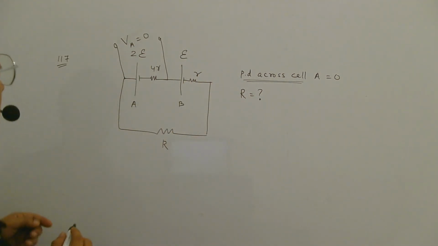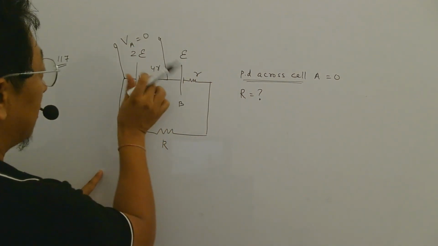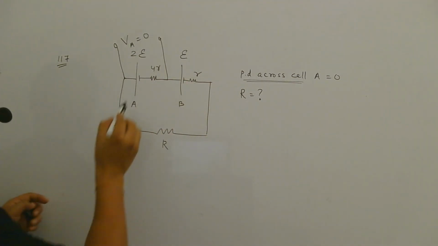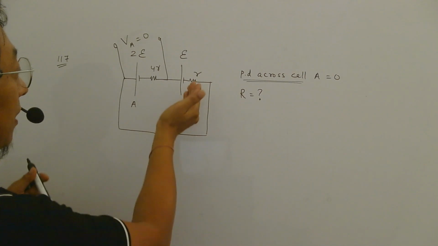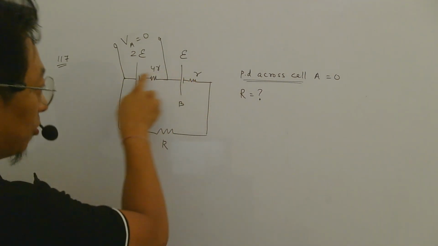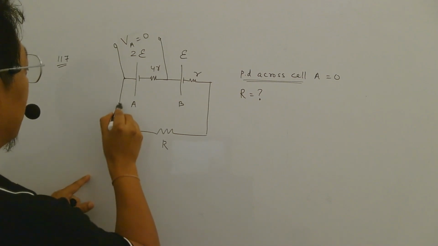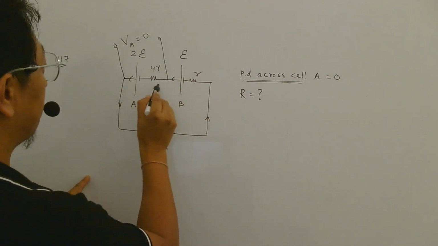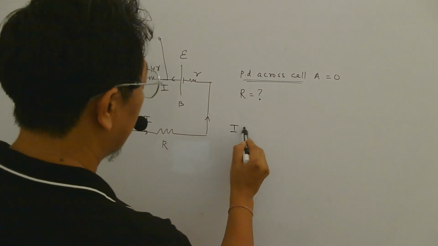Now to find the terminal voltage here, first we should know the current. And you know that both the batteries are helping each other because this will send current this way, this will also send current this way. So current I will flow this way, right? That I will be what?